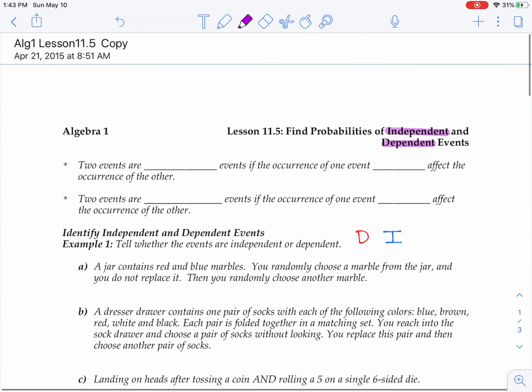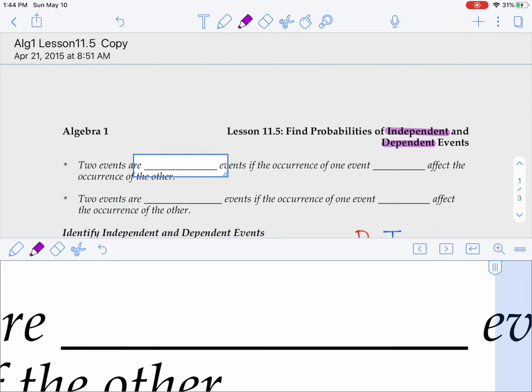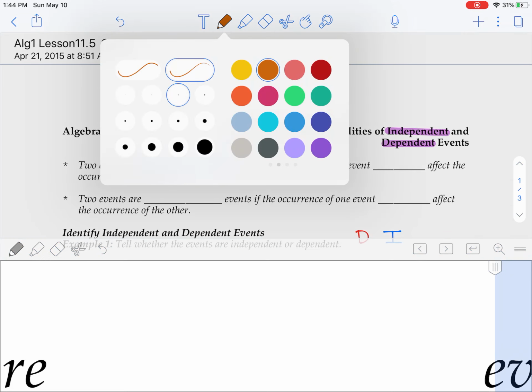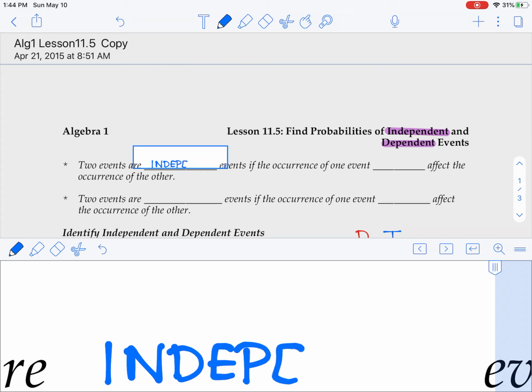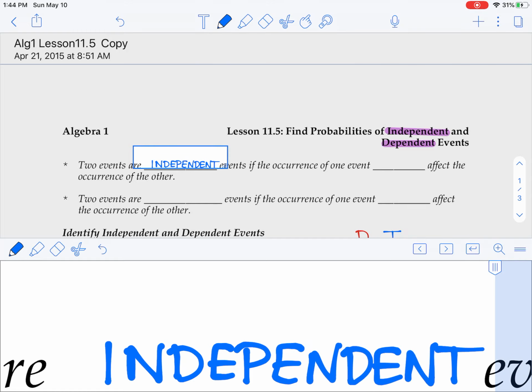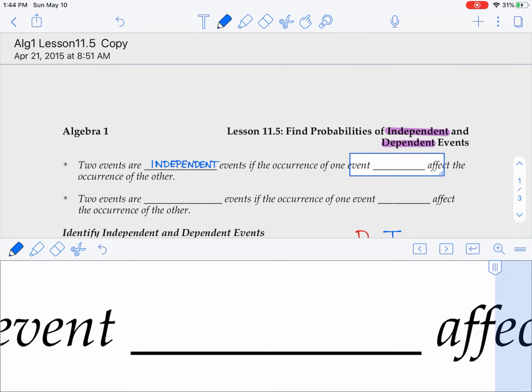So before we get too far, let's determine how we determine if two events are independent or dependent, and then we can move into actually calculating the probability. So first, let's start with independent. Two events are considered independent if the occurrence of one event doesn't affect the occurrence of the other.